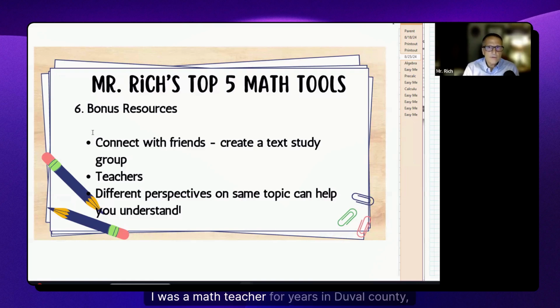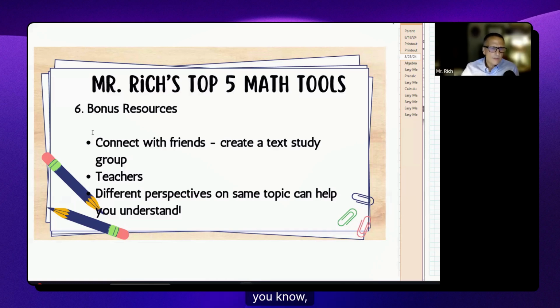I was a math teacher for years in Duval County, and a lot of the students knew that I was an engineer, and they would come to me and ask me about physics problems. They would ask me chemistry, which usually I didn't know the answers to, but I knew a little bit of chemistry. So you can reach out to other teachers who might be able to help you with your concept. For example, you could go to a physics teacher and get help on algebra for sure. If you had a good relationship with a physics teacher, then maybe that's something you can do. If it's someone who's teaching statistics, sure, they're going to know algebra, probably pre-calculus, and they could help you as well. So that's just a tip there.